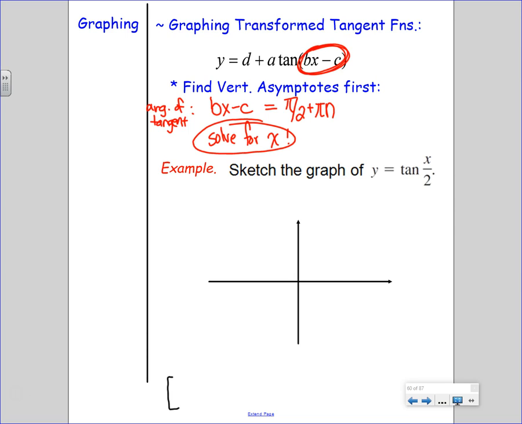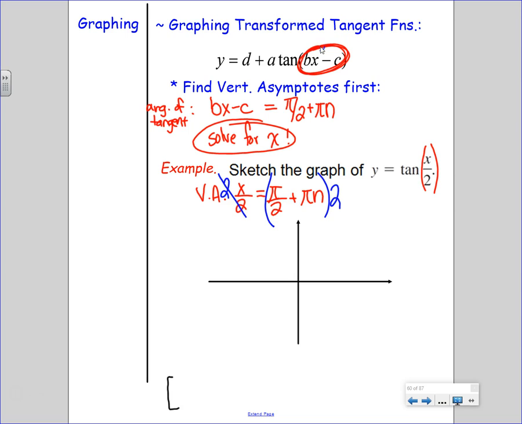for x. So you're going to take the argument, set it equal to that expression for vertical asymptotes, and solve for x. So in this example, take what's inside tangent, x over 2. For the vertical asymptotes, set x over 2 equal to pi over 2 plus pi n. How are we going to solve for x? Algebraically, how do we get x alone? Yeah, multiply both sides by 2, but what we do to one side, we have to do to the other.